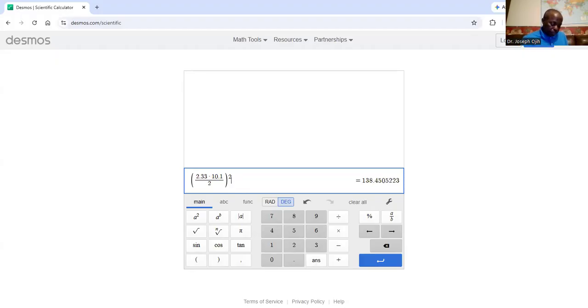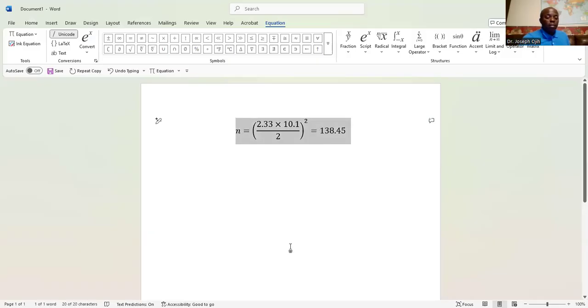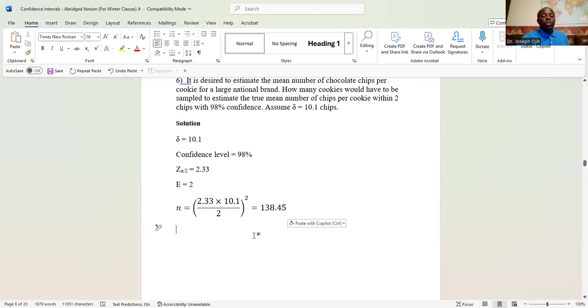Let me write it down. 138.45. So I'm going to put it right there. Now copy this and paste it in the right place. Right here. So that means we need 139 cookies.